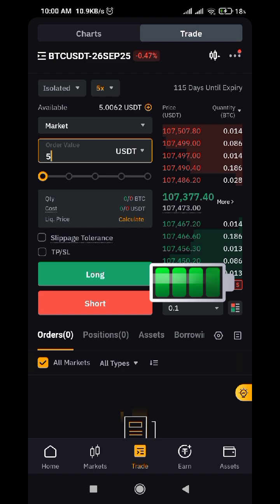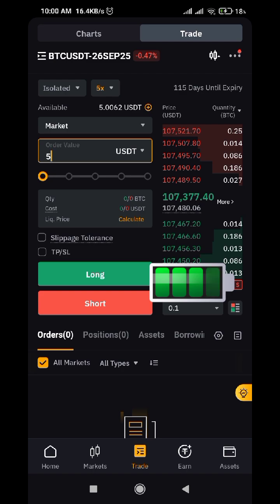In spot, when you are selling, that means you are selling your asset off to US dollars or to whatever coin it is paired with. While here, you can decide to short if you feel that this particular trade is going down, and you have checked your analysis.